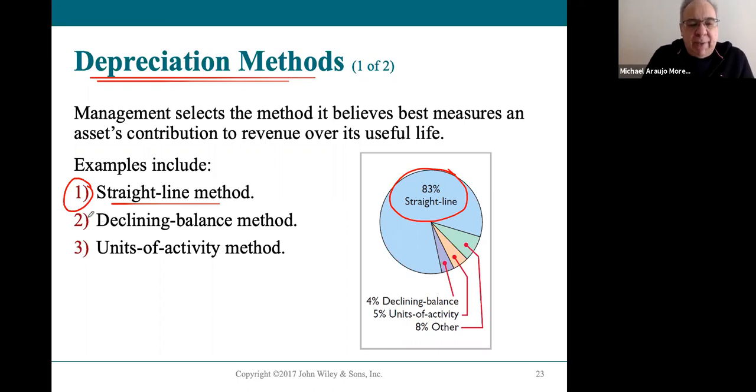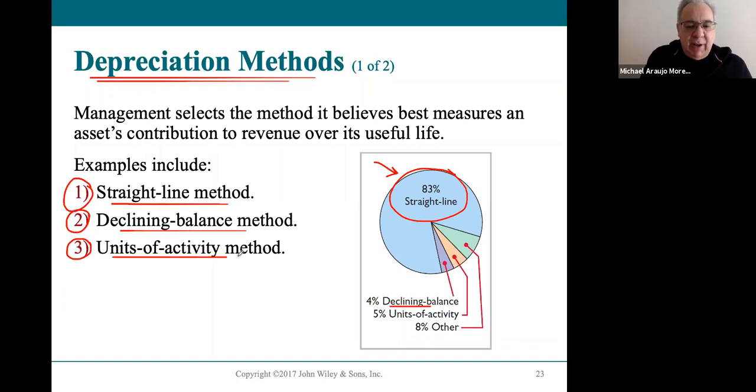There are two other methods that I'm going to introduce, but I'm not going to give you a lot of work on these. One, so the straight line method, the most popular method, we're going to be looking at that first. A couple of others, one called a declining balance method. It's almost like an accelerated depreciation method that's used, but clearly not a lot of companies use that.